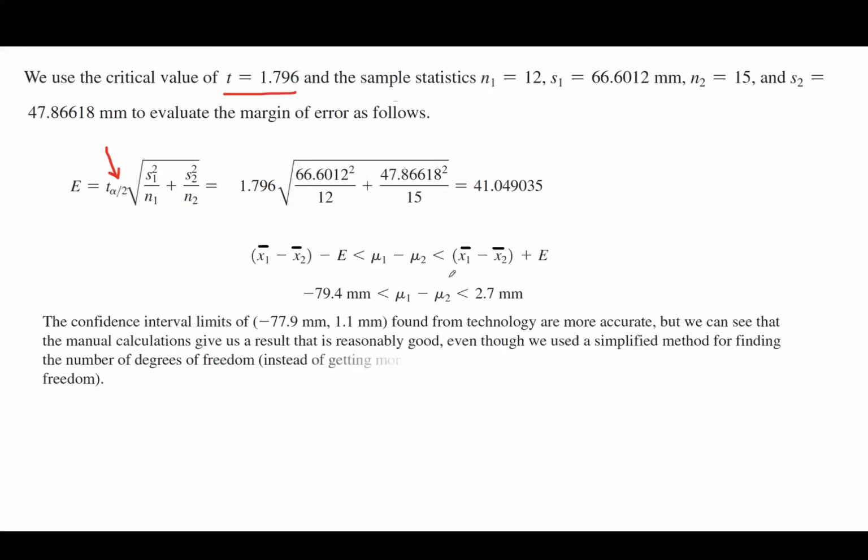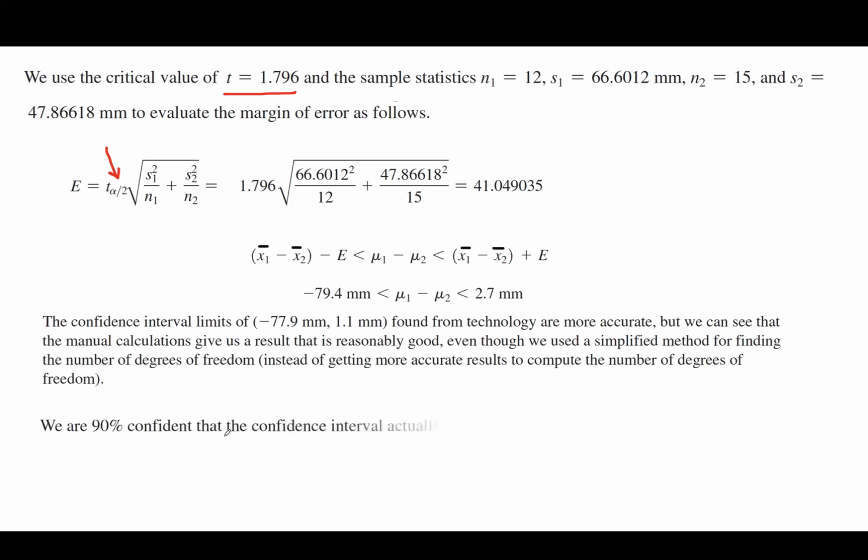When we see that the difference between population means is bounded between these two numbers, we say that we are 90% confident that the confidence interval actually contains the difference between the mean height in 1988 and the mean height in 2012.